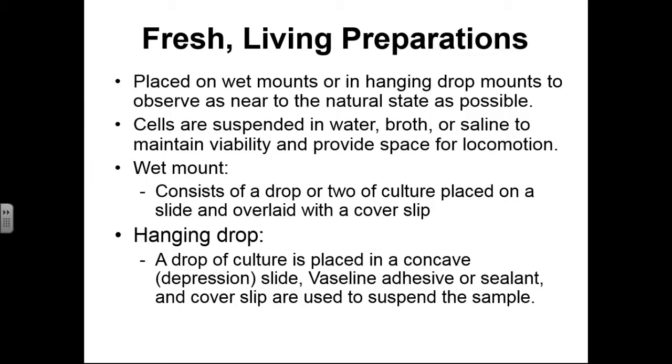A hanging drop, on the other hand, is going to have that drop of water typically on the underside of the cover slip, hence the name hanging drop. You used to put it on the underside of the cover slip over a regular slide. But now we have those microscope slides with the indentations in them, the concave microscope slides, and then you put a cover slip over the top of that.